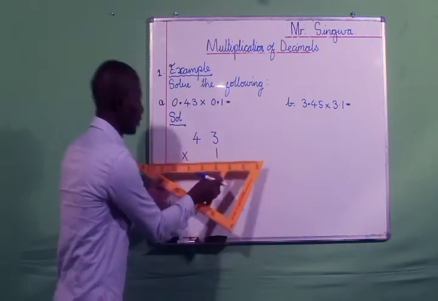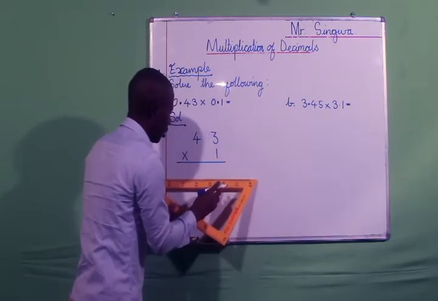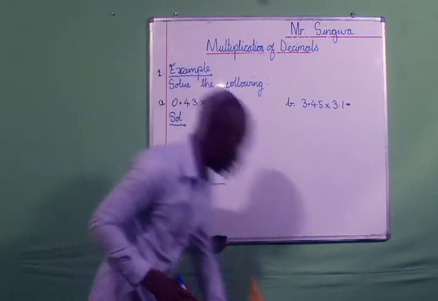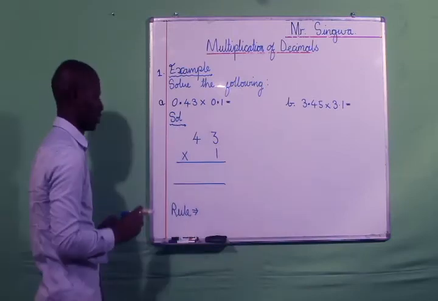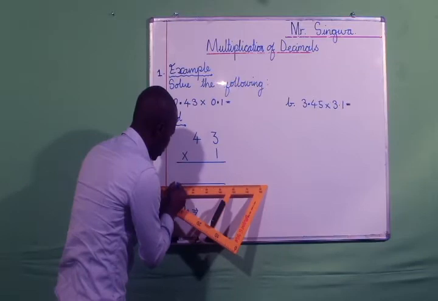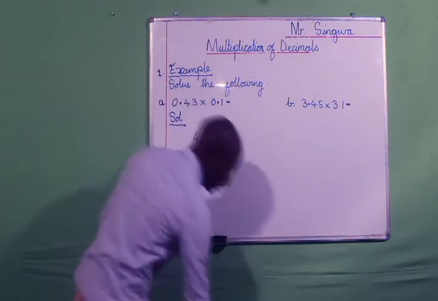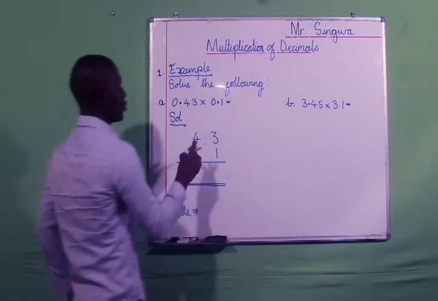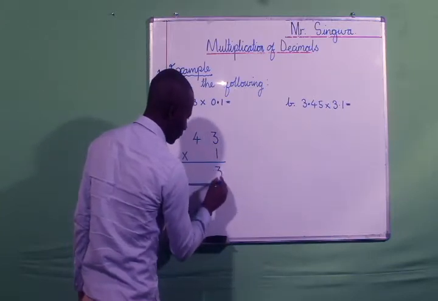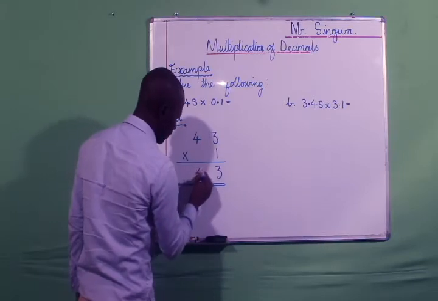I know this is confusing, but you learn when it comes to it. I only have 1 digit down, so I just put it like that. Okay, straight line. So when you multiply, 3 multiplied by 1 is 3. 4 multiplied by 1 is 4.